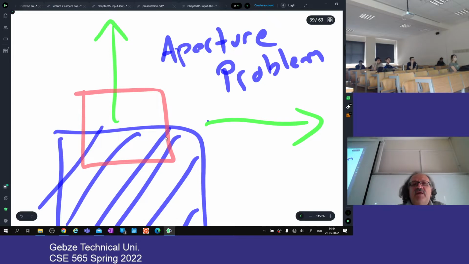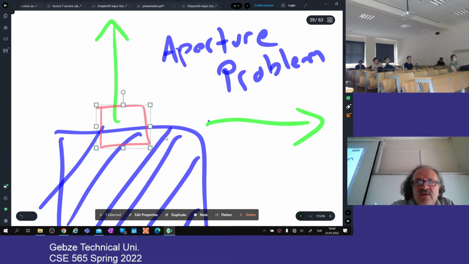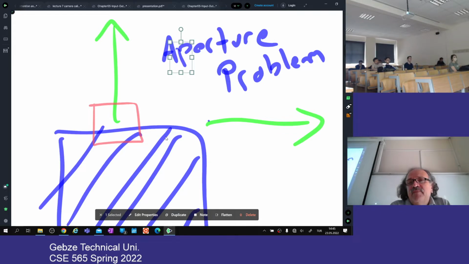The aperture problem says that if you look at your scene through a very small aperture like this one, let's make this even smaller, and if your gradient is perpendicular to the velocity direction, then this brightness constancy equation will not give you anything.